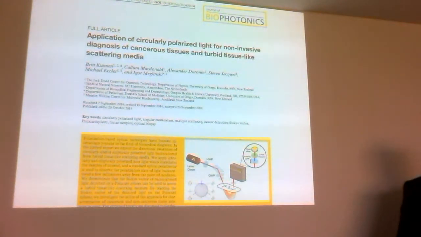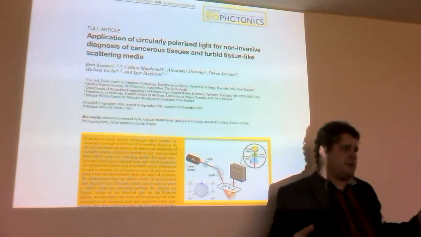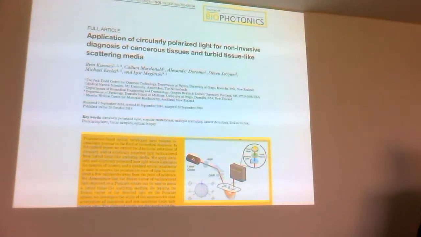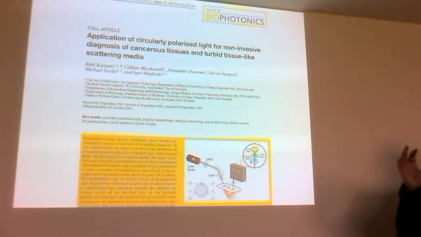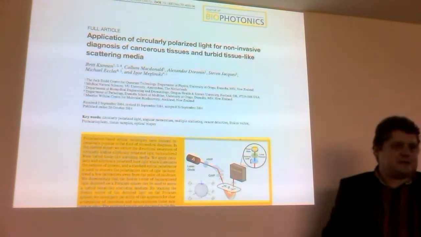The reason is, you know, that when you consider or describe the propagation of light within the tissues, there are different communities who do that. As I showed on one of the first slides, we can describe it in terms of the Boltzmann equation, the Maxwell equations, stochastic modeling, the Bethe-Salpeter equation, and some others.